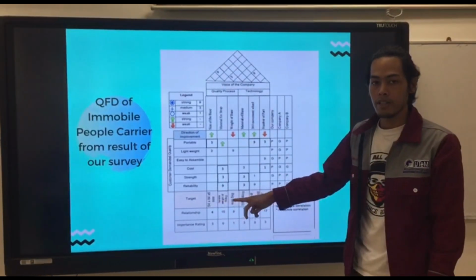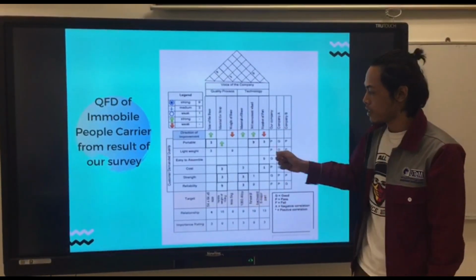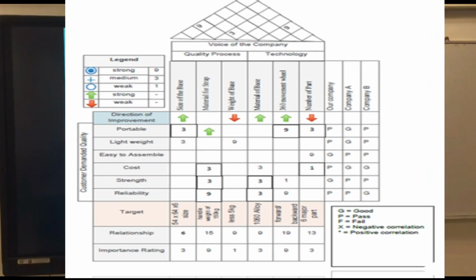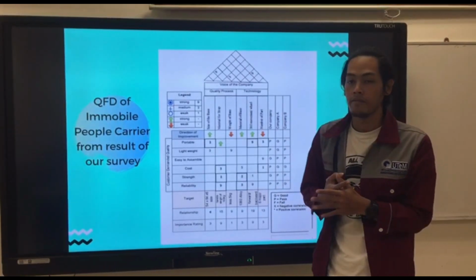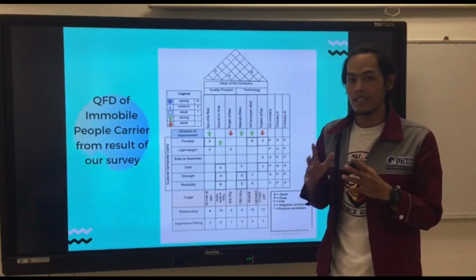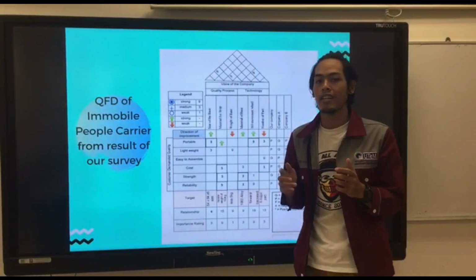And below is our target. So as you can see, the customer really needs it to be portable, lightweight, easy to assemble, cost, strength, and durability. These are the main criteria that the customer really needed.